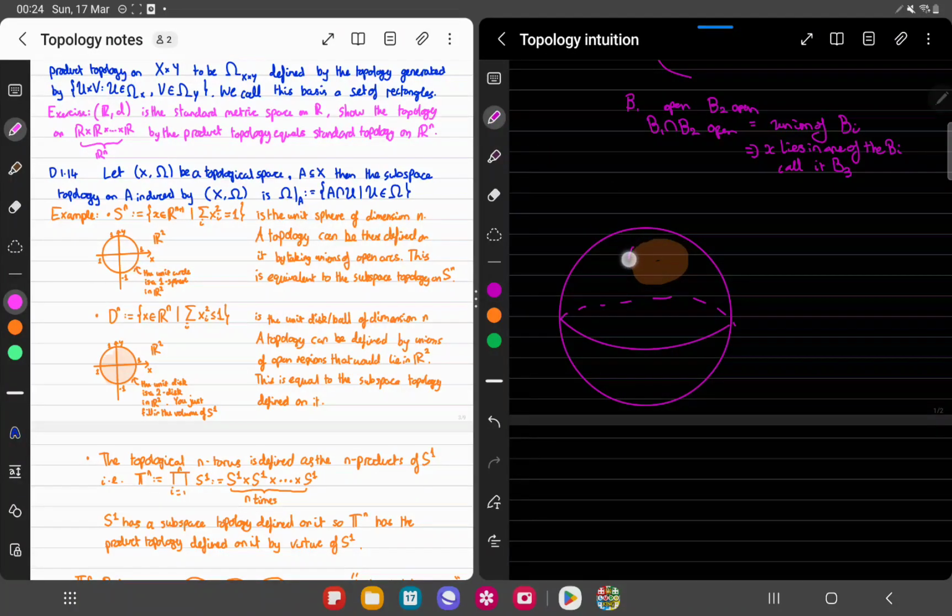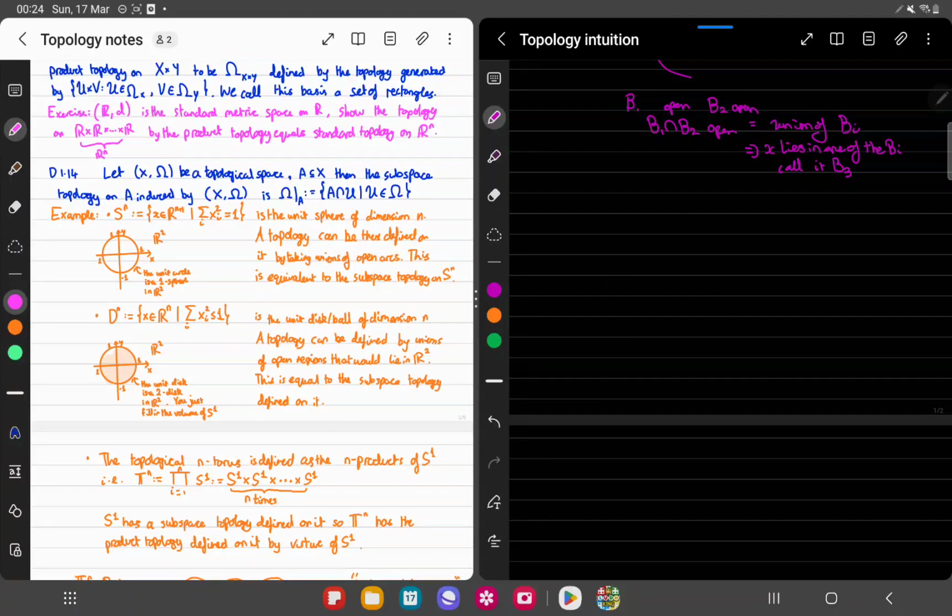Let's see if I can draw this carefully. It's just a little open looking section, so it doesn't have the boundary. Maybe it's the union of a bunch of things that don't have a boundary, that lie on the surface.